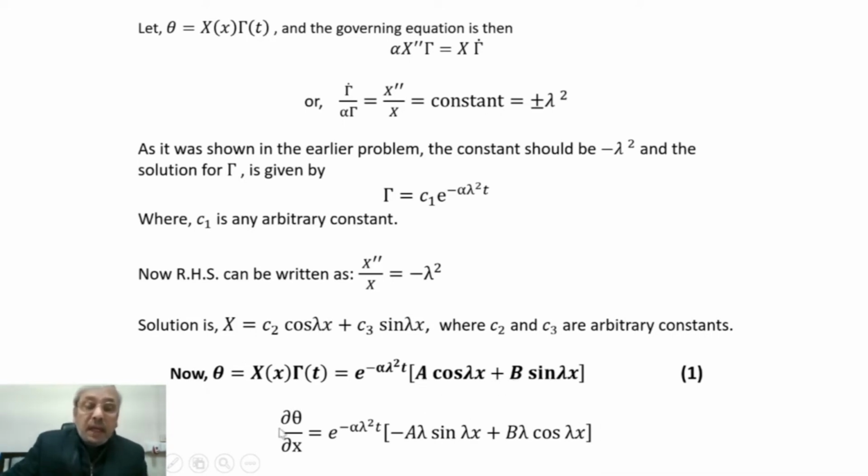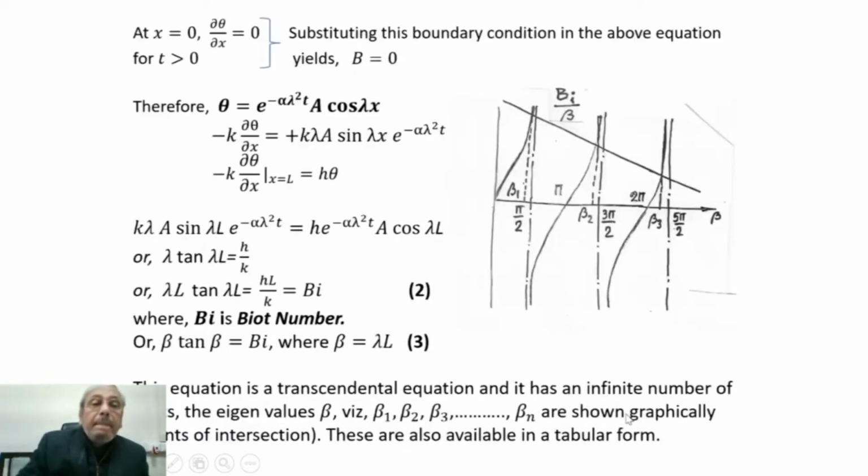So del theta del x is now given by e to the power minus alpha lambda squared t times minus a lambda sin lambda x plus b lambda cos lambda x, a simple derivative.